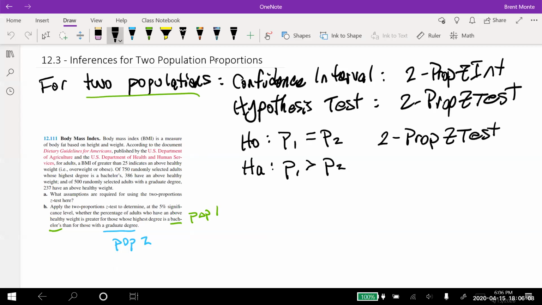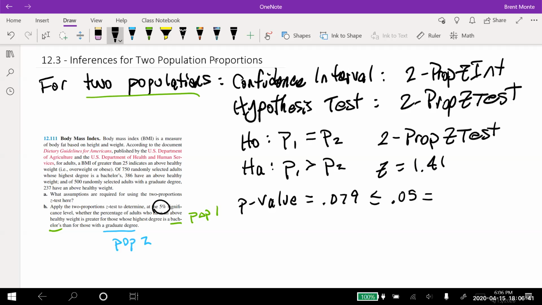You probably already found out by looking at the other stuff, because the other stuff we need, let's see, they gave us the Z, 1.41, and a p-value, this is what we're using to determine, was 0.079, and I'm going to see if that's less than or equal to my 5% significance level.